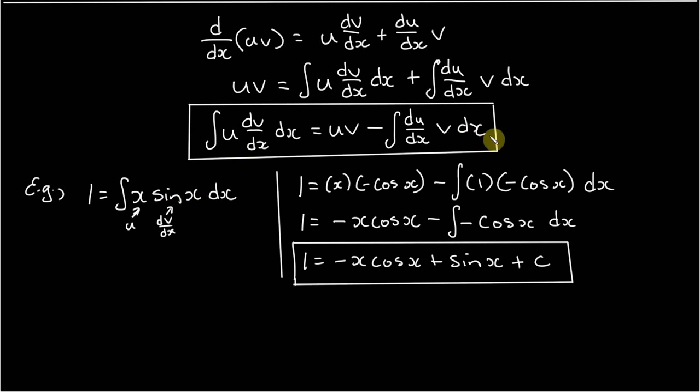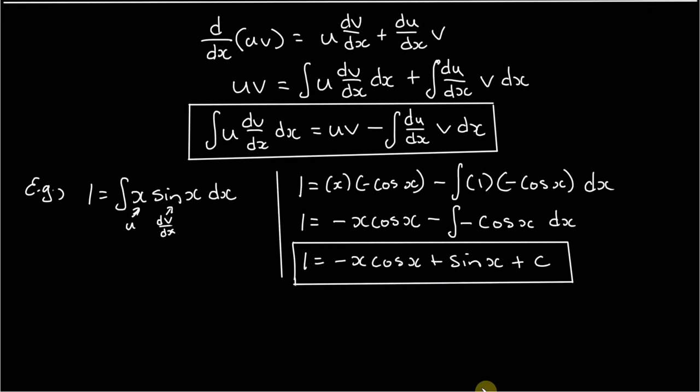That's exactly what we have written up here, right? U times dv by dx. And if we have it in this form, then it's very simple from this point. You just integrate your second function, so you get uv, and then you just minus the integral of the derivative of u with respect to x times v dx.